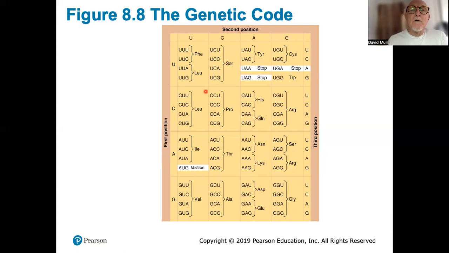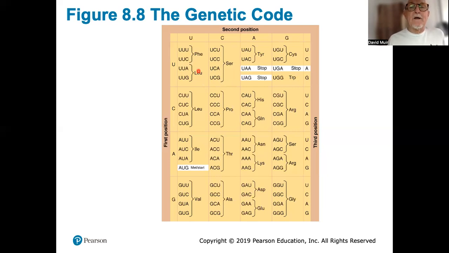You'll see also that some of the amino acids have lots of different codons that code for them. Here's serine: UCU, UCC, UCA, and UCG. These all code for serine, all 4 of them. And there are others with even more. Some of them have relatively few.